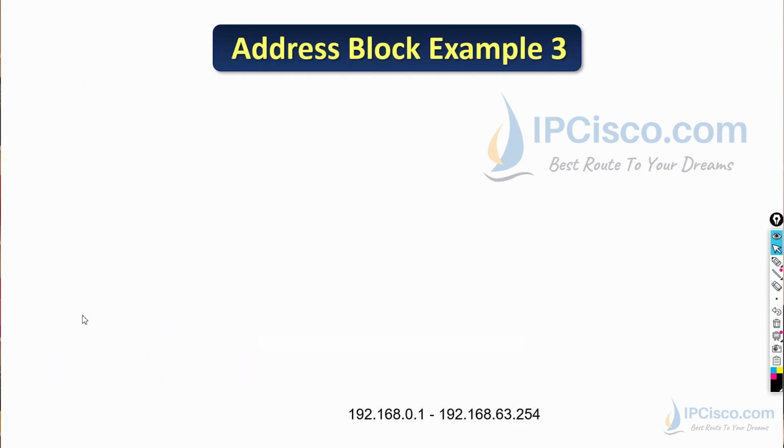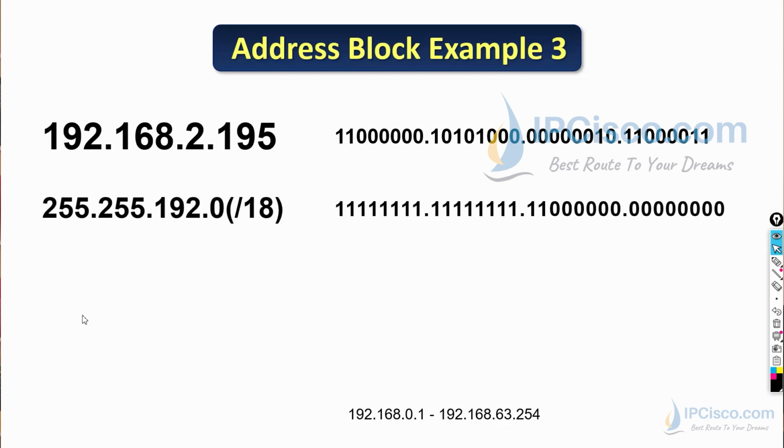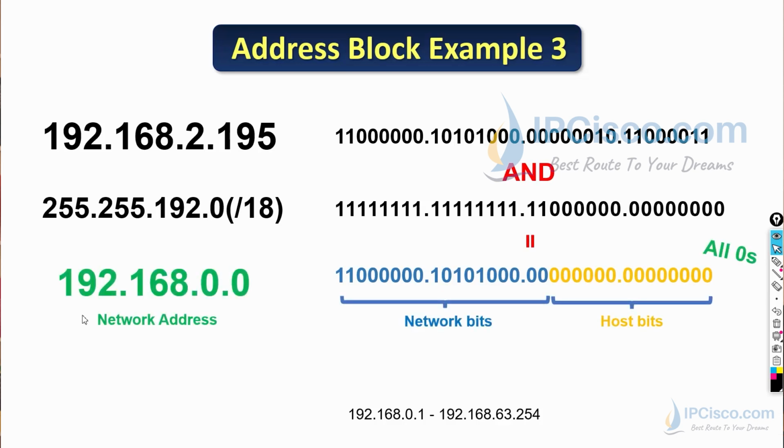Another example, we have an IP address, and this time our subnet mask is 255.255.192.0, and this is /18. When we use the AND operation, we will find the network address again, and our network address is 192.168.0.0.